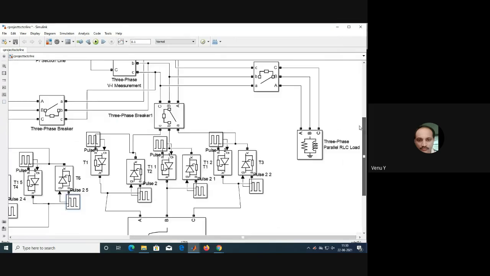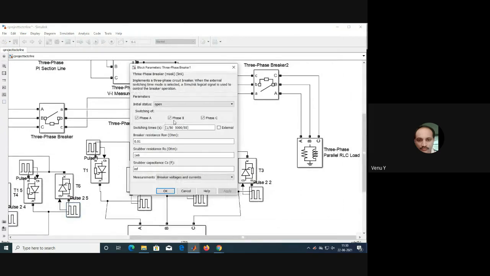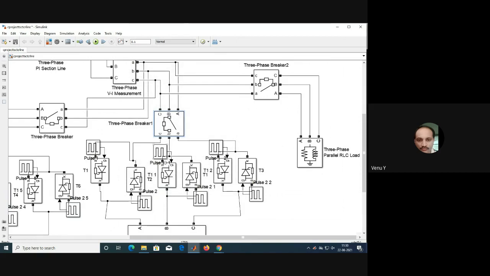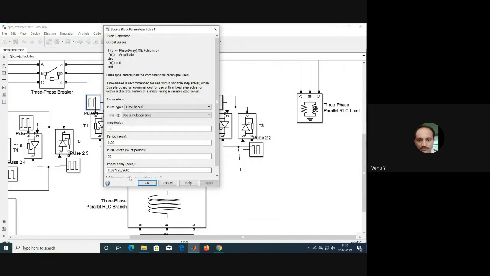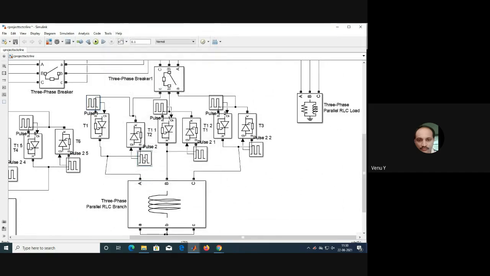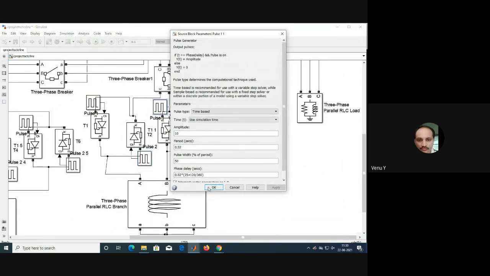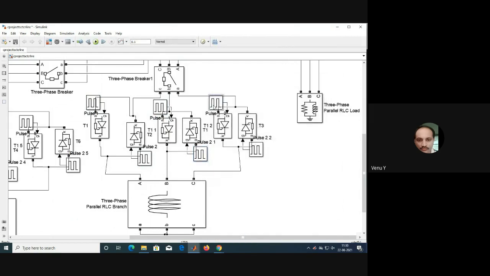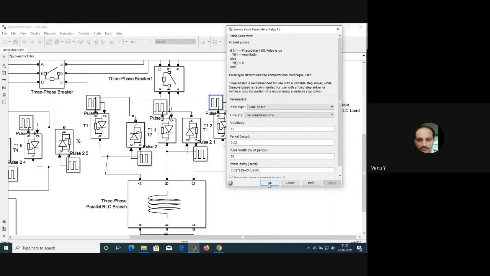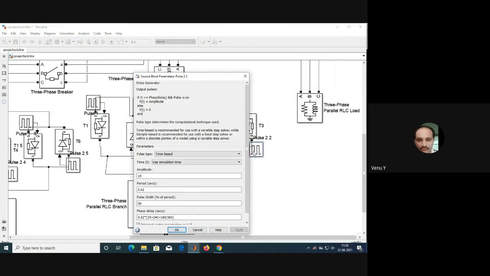And coming to the TCR, this is also a three-phase breaker. Normally open. It is closed at 1 and open at 5000. Therefore, it is in the circuit. Measurements, branch voltage and currents. A, B, C, three legs. Each leg, let us look at the firing. 35. We can also take a different value. Here also 35 plus 180. 35 plus 120, 35 plus 120 plus 180. Second leg, third leg, 35 plus 240, 35 plus 240 plus 180.